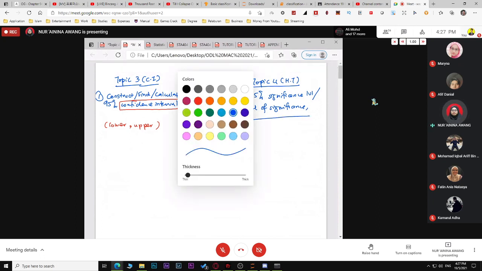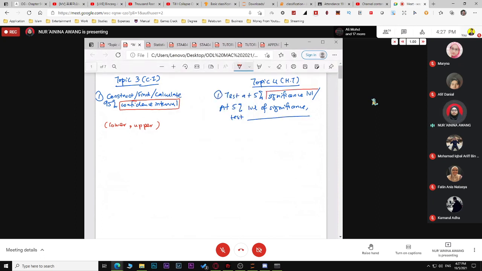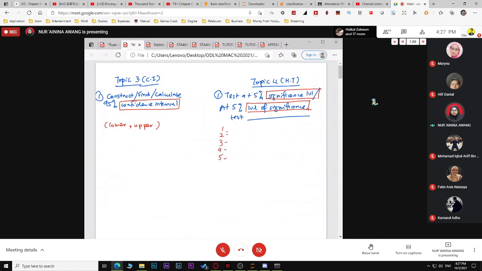So the keyword now is significance level or level of significance. If the question mentions significance level or level of significance, you need to do all these steps, from your hypothesis until your conclusion. So make sure you can differentiate between these two.